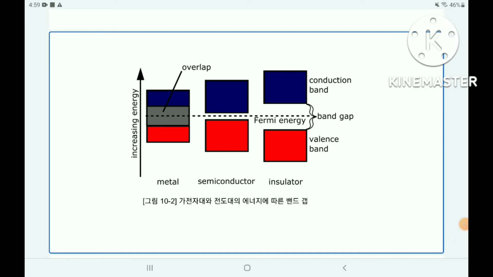In electrical properties, we can characterize materials like metal, semiconductor, and insulator. In a metal, when you apply an electric current, electric charges flow very well in the material. A semiconductor depends on the conditions.